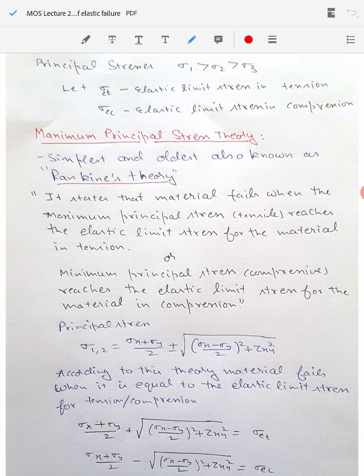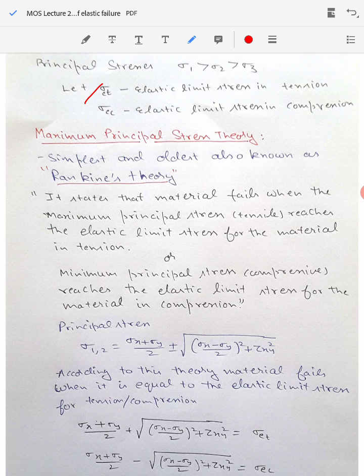So let's give the symbol sigma et to the elastic limit stress in tension. This is the value in the simple tensile test that you measured through the stress strain diagram. This is my elastic limit. You must remember that beyond your proportional limit, the elastic limit is there, after which there is a permanent set in the component.